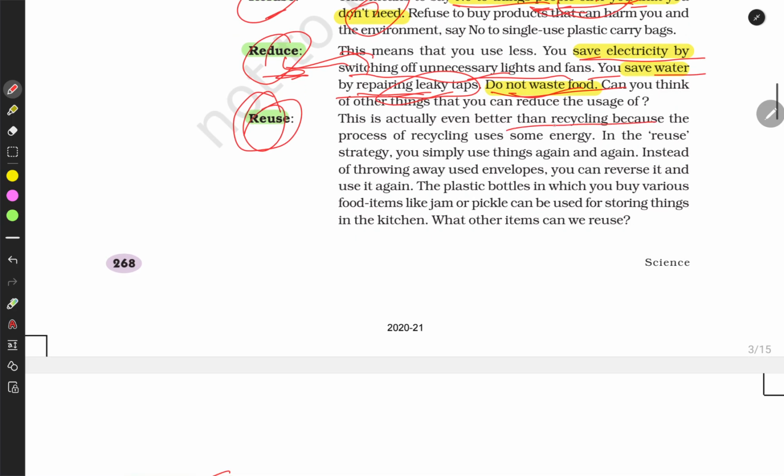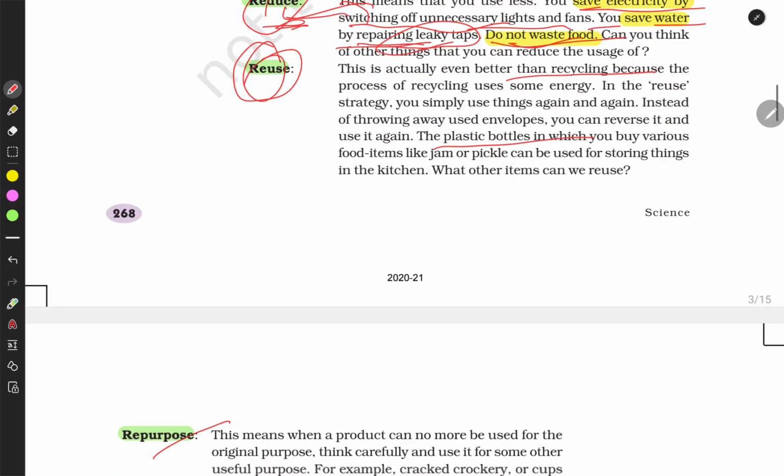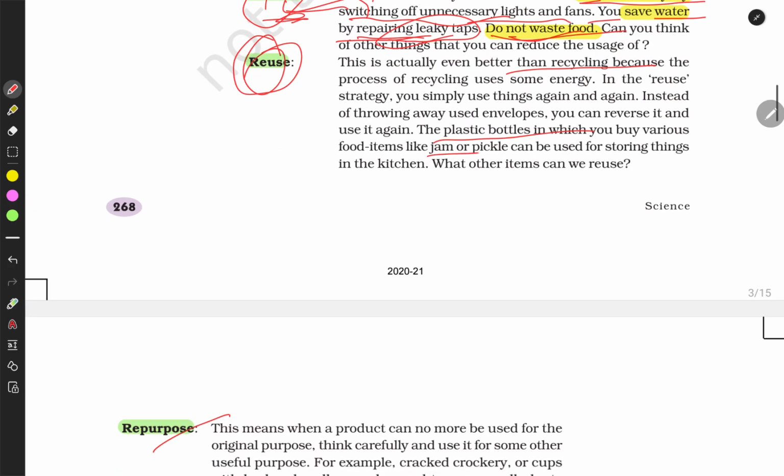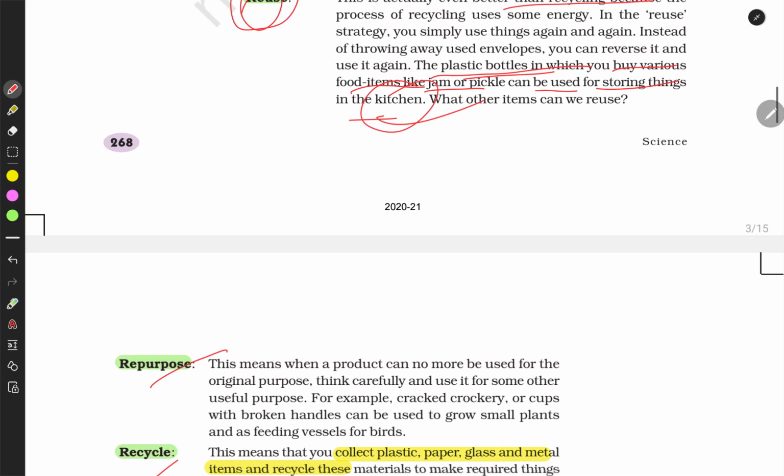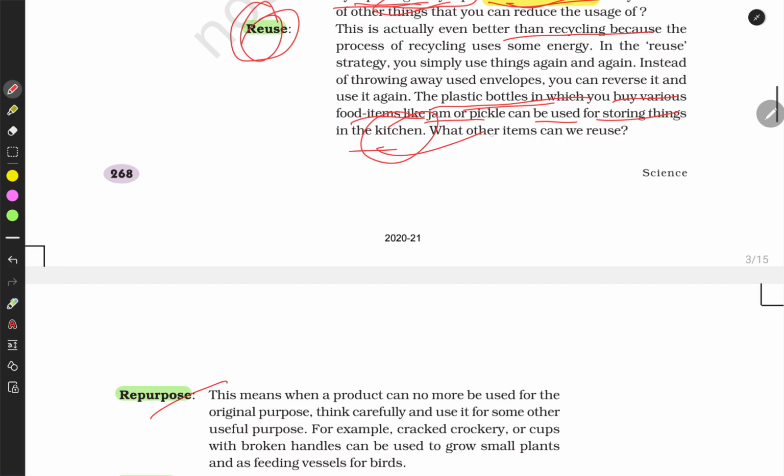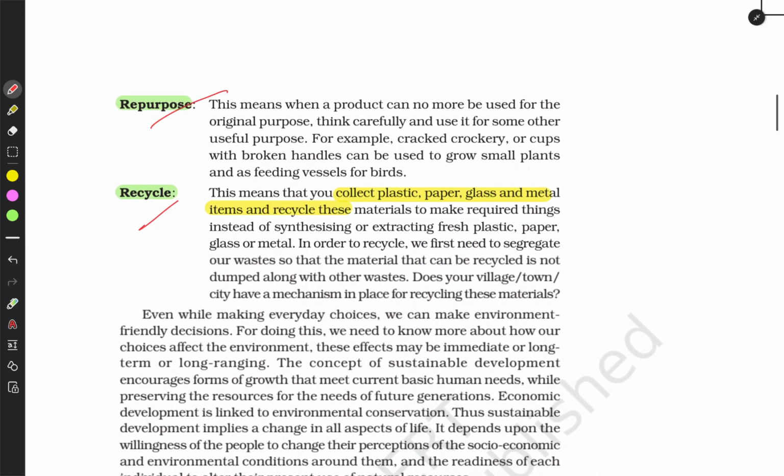Plastic bottles and jars in our kitchens can be reused for storing items, and a flower pot can be created from an old, broken mug.